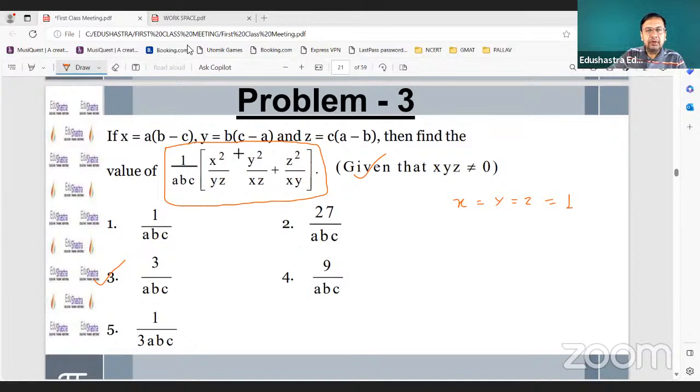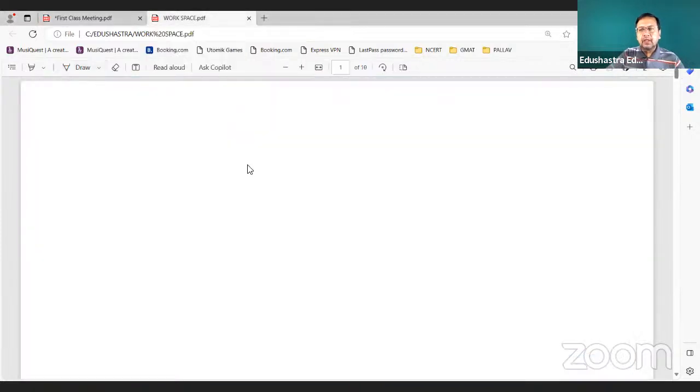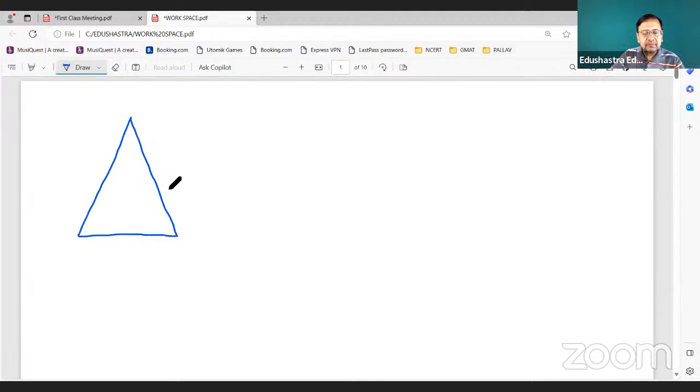taking up some more types of questions, right? Okay. So just coming up for this. This is the one triangle A, B, and C, right?